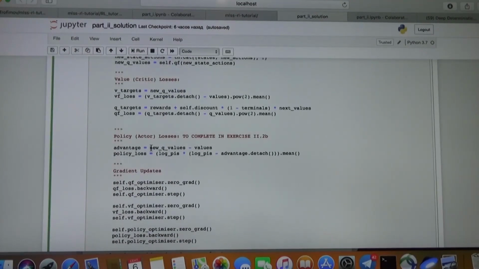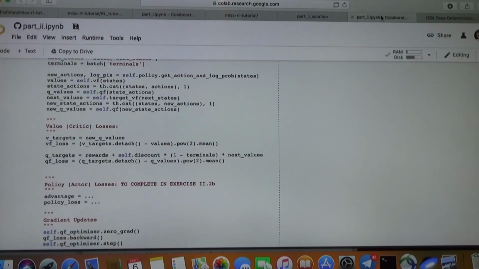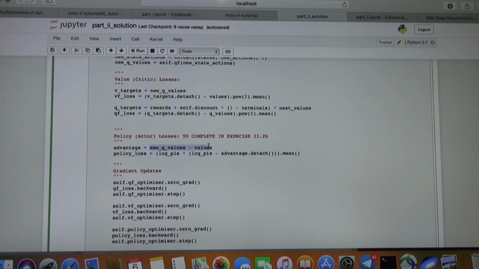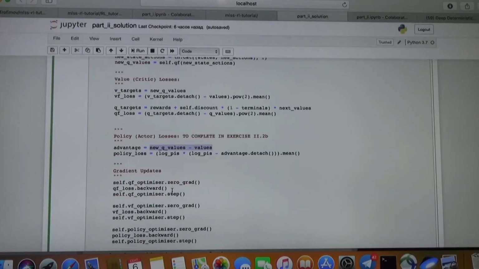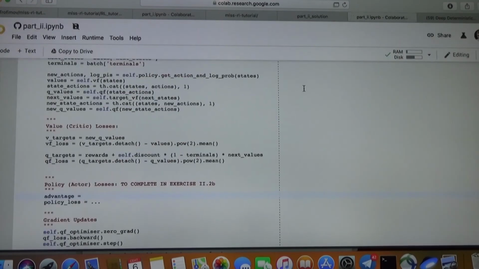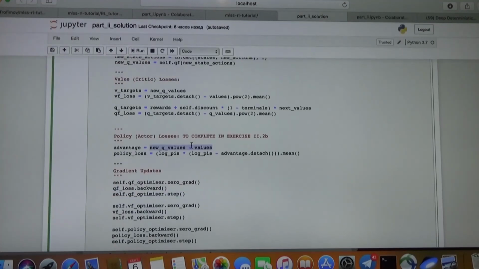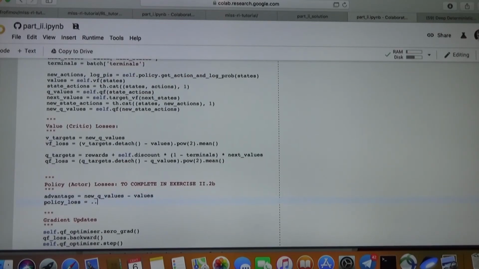Okay, so the advantage function is just the difference between the Q function and the value function. And the policy loss, I showed it a minute ago.